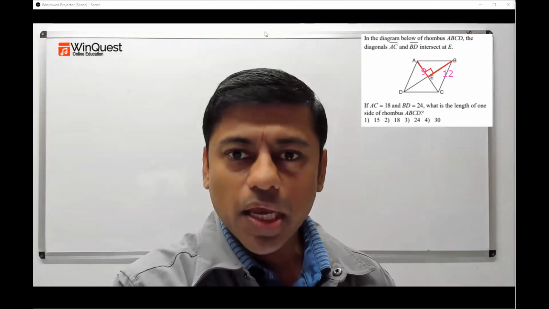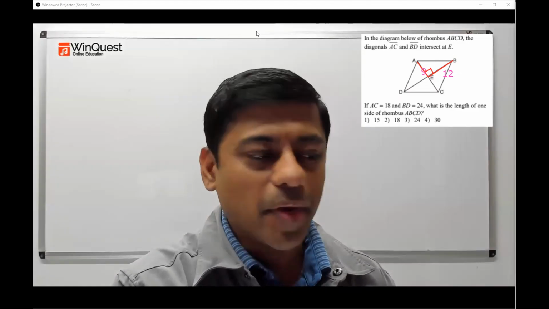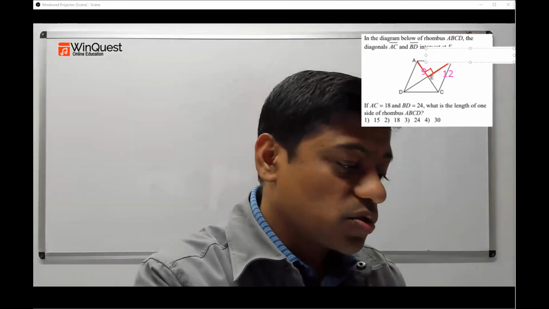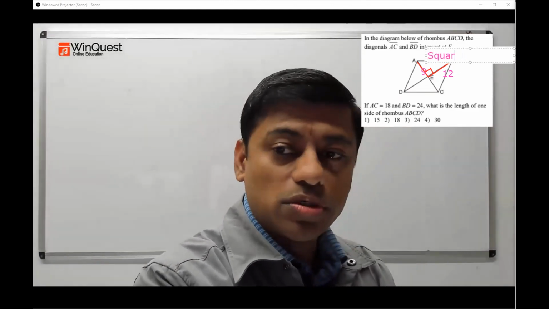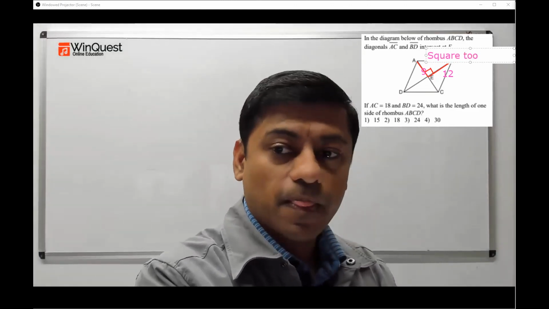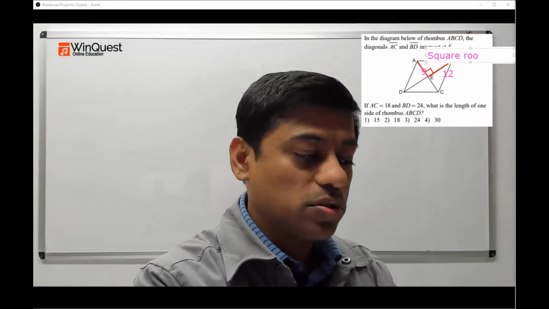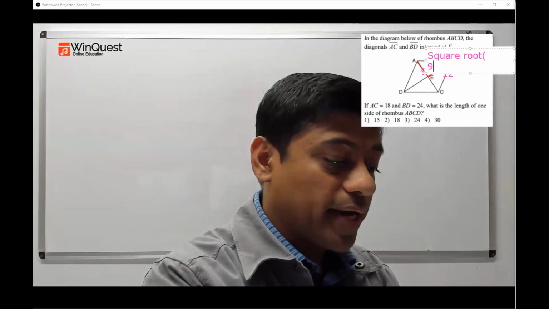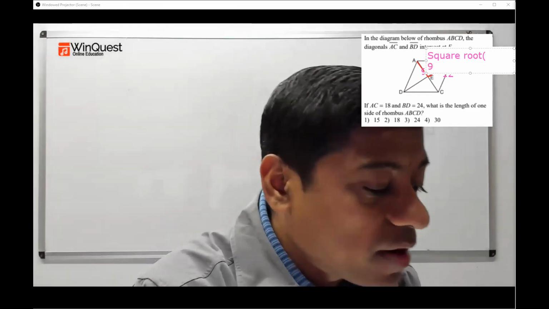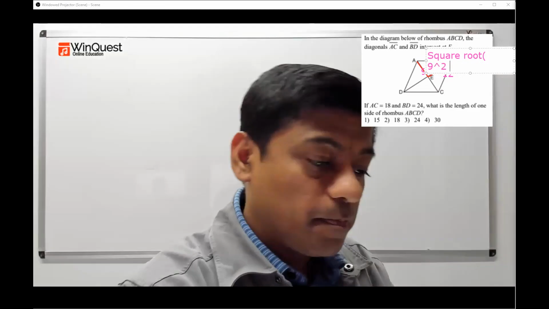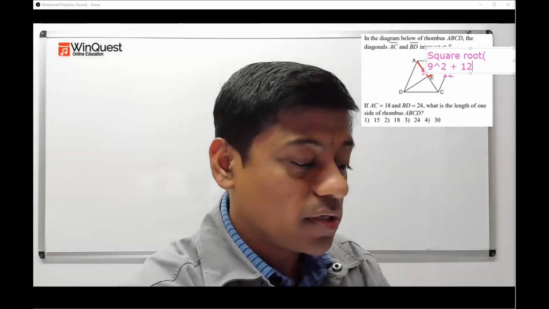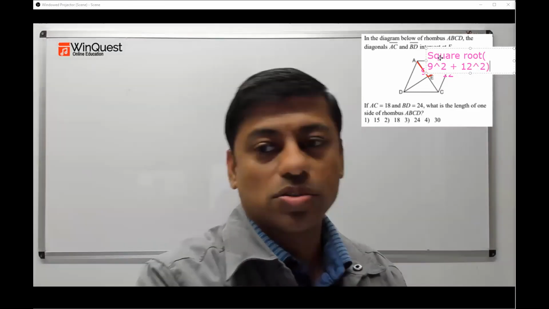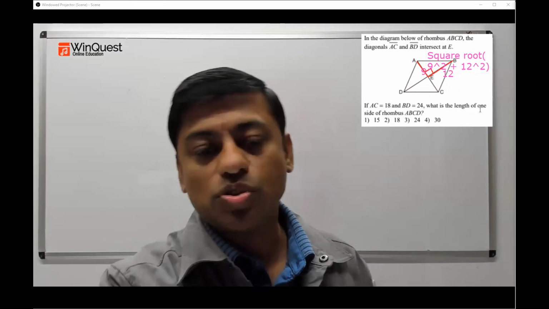That is going to be our main concept here. So AB is the square root of 9 to the power 2 plus 12 to the power 2, by the Pythagoras rule. So you will get the AB side.